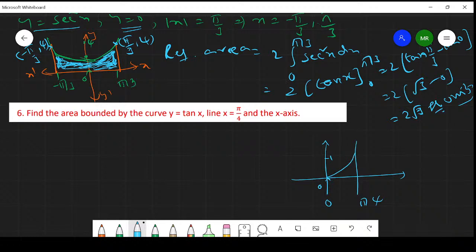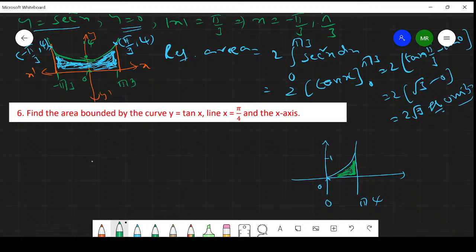The curve goes like this. This is exactly 1, it coincides. Tan pi by 4 is equal to 1, tan 0 is 0. We get it like this. Now this is the required area between 0 to 1. The green color represents the required area, right?